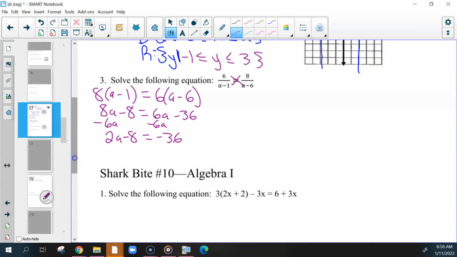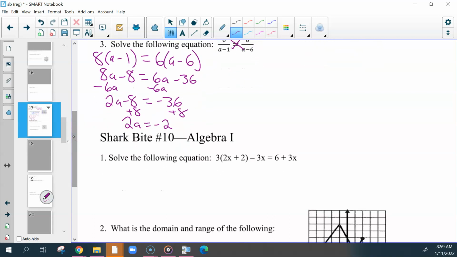Then I can move my 8 over. My brain is funky. What is that? -20. And then divide.